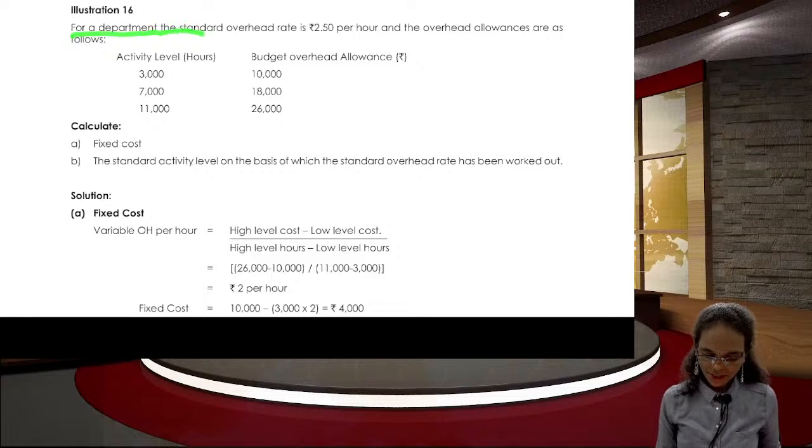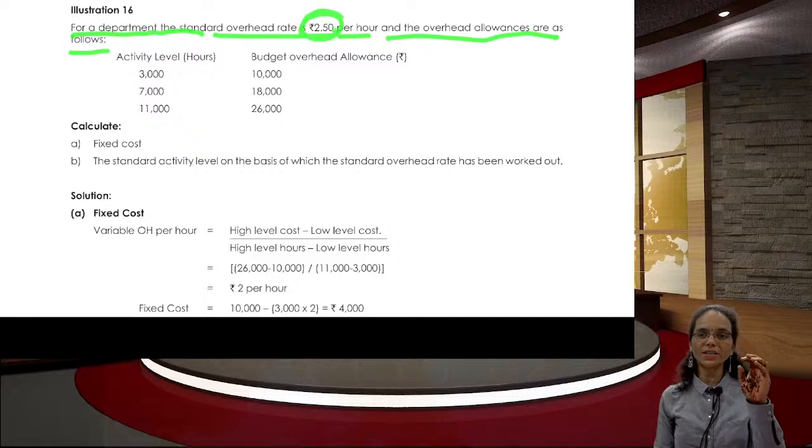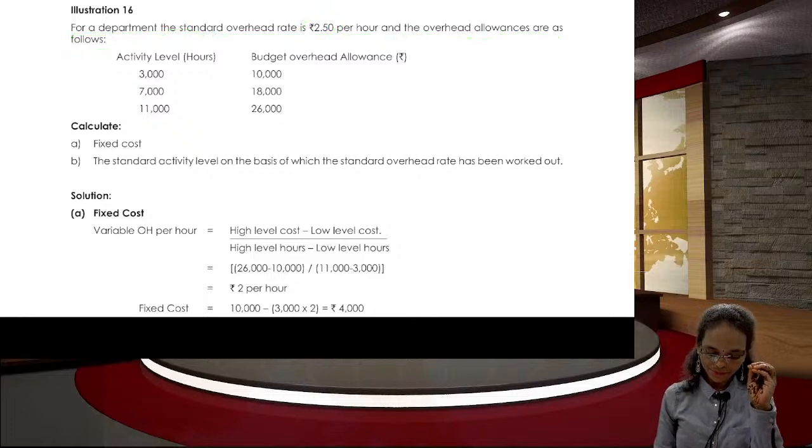For a department, the standard overhead rate is this much per hour, and the overhead allowances are as follows. Standard overhead rate is given as 2.5 paisa per hour. When your activity is 3,000 hours, the overhead allowance is 10,000 rupees. When your activity is 7,000 hours, the allowance is 18,000.